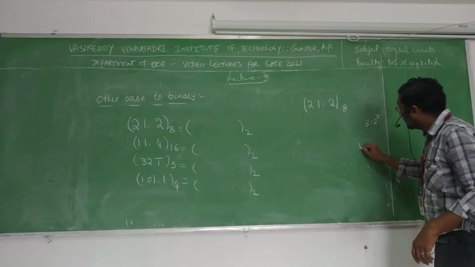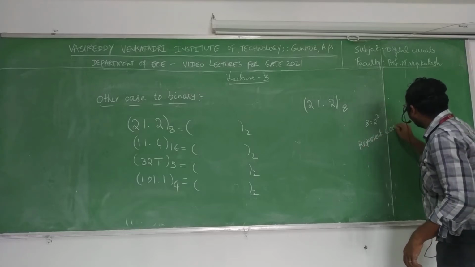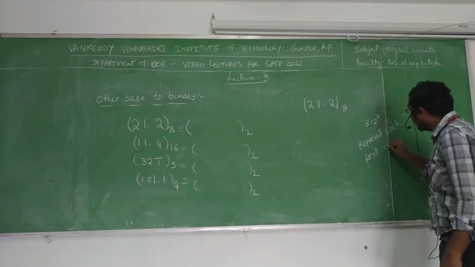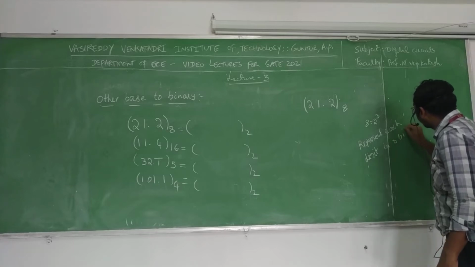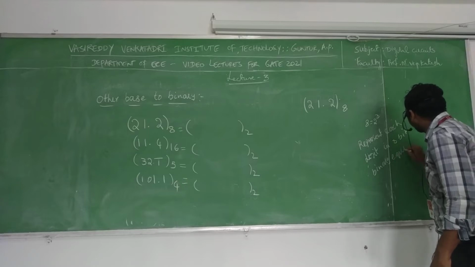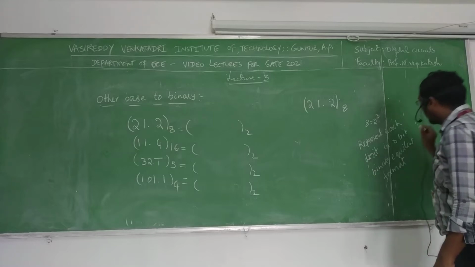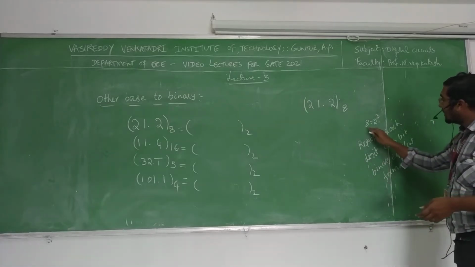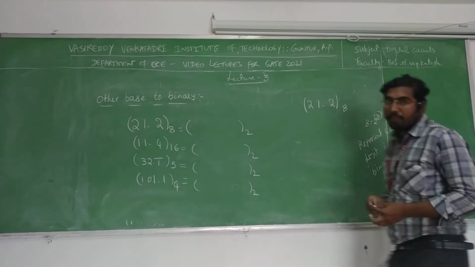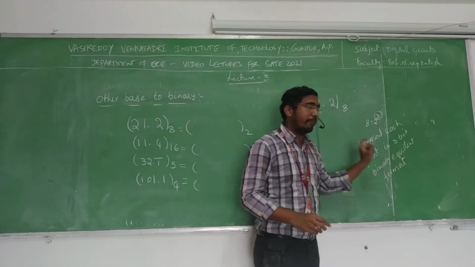Then the procedure is to represent each digit in 3-bit binary equivalent form. So as 8 is 2 power 3, I have to represent each digit in 3-bit. Each digit must be in 3-bit binary equivalent format.